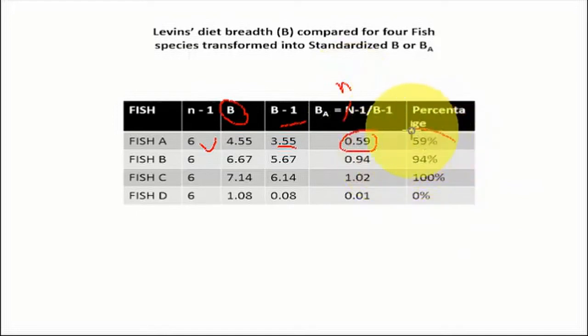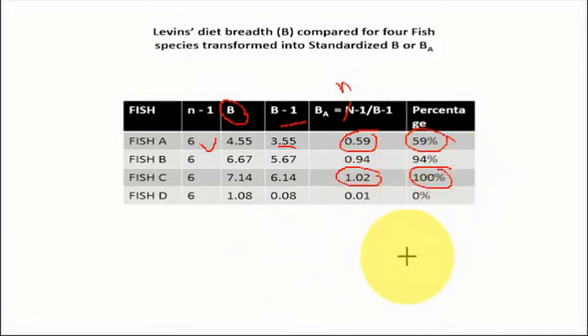And you can represent it in terms of percentage also. In all cases, you can do the same thing, 0.94. And here you can see when all items are evenly distributed, it becomes 1.0, which is equivalent to 100%. So it is the maximum value of the index.